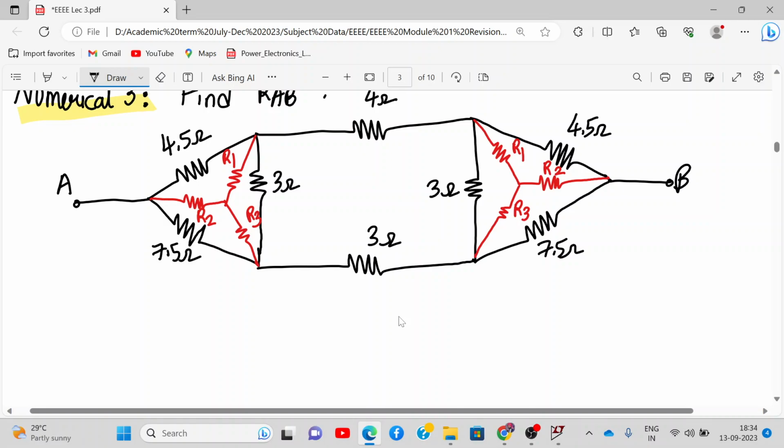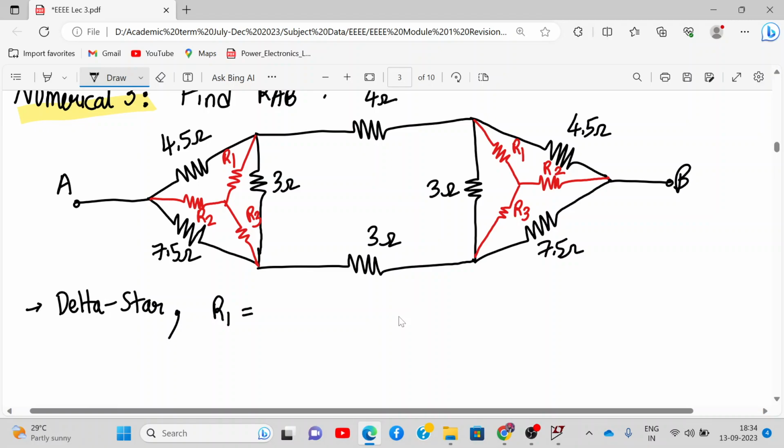Here we have used delta to star connection. For this, what is the value of R1? What did we say? Opposite, adjacent value of resistance. So R1: 4.5 into 3 divided by total resistance.